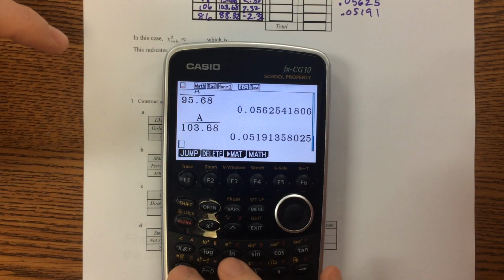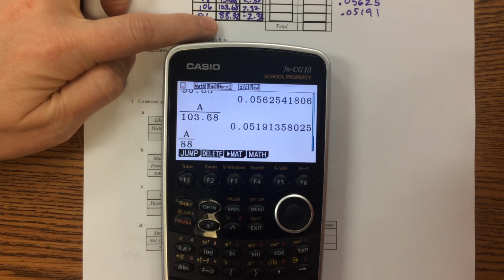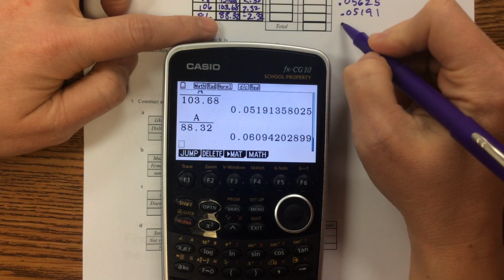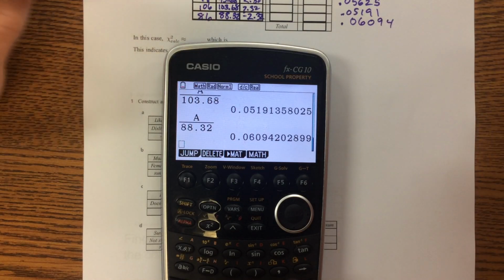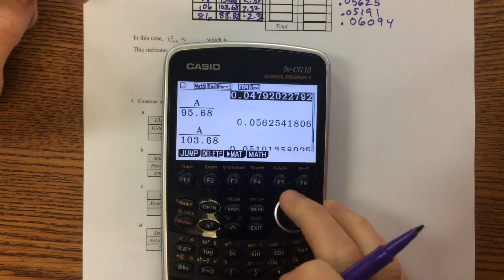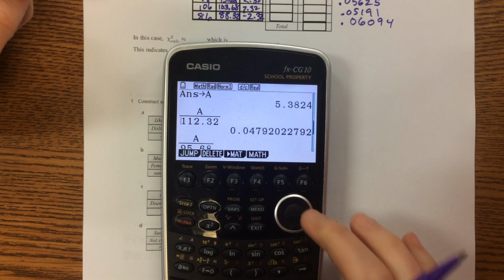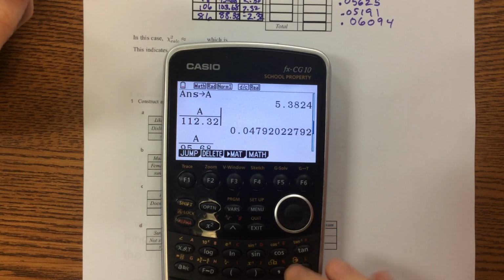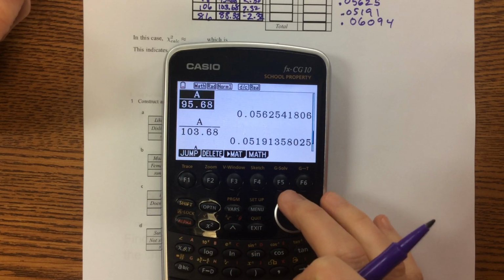And then the last one is 88.32. Okay, I'm too lazy to type all these in, so you know what, I'm going to come back. I should have stored them as other things. So the first one here, I can store that one as B. Okay, hang on.